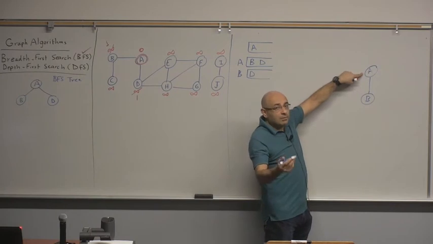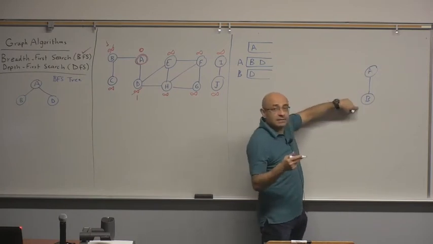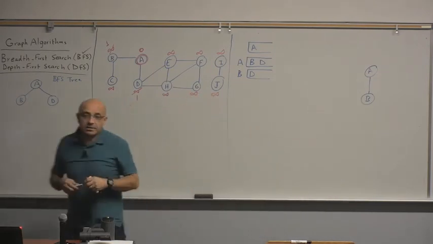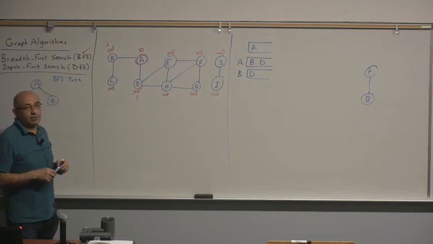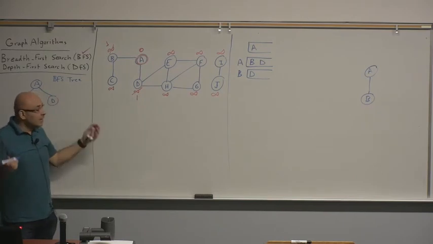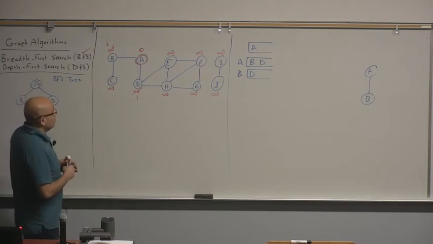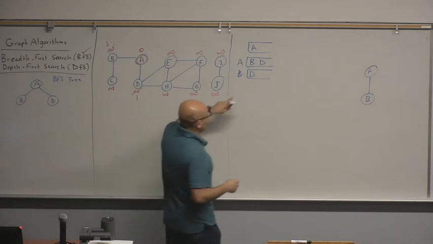But then without checking, you will look at the adjacency list of A again, and you will find B in it, and it will be an infinite loop. So marking is very important in traversal algorithms to make sure that you don't visit the same node an infinite number of times.